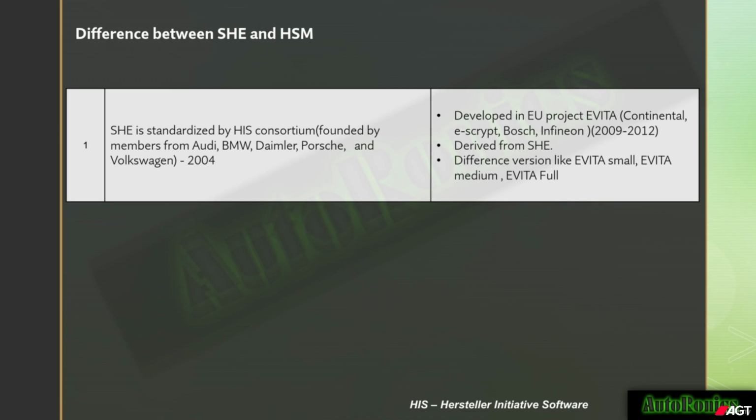Let's see about the standardization of both of them. SHE is standardized by the HIS consortium, where HIS stands for Herstellerinitiative Software. The HIS consortium was founded in 2004 and consists of members from Audi, BMW, Daimler, Porsche, and Volkswagen.